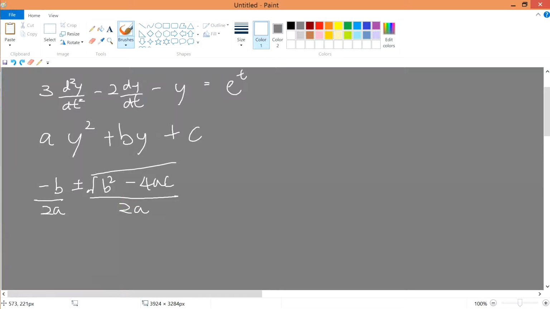Generally, the first step in finding the complementary function is to look at the term b squared minus 4ac, and check whether it is larger than 0, equal to 0, or less than 0.